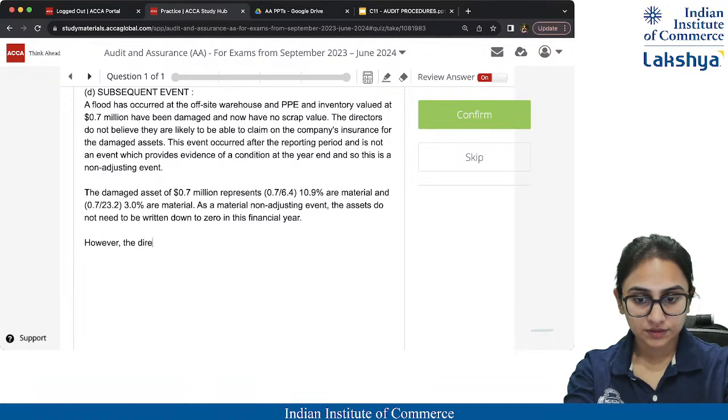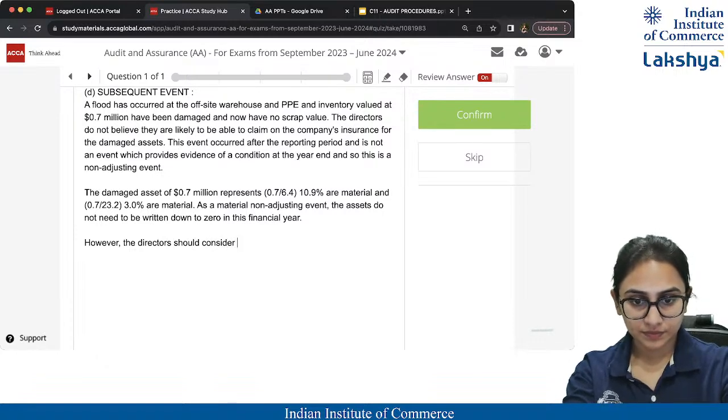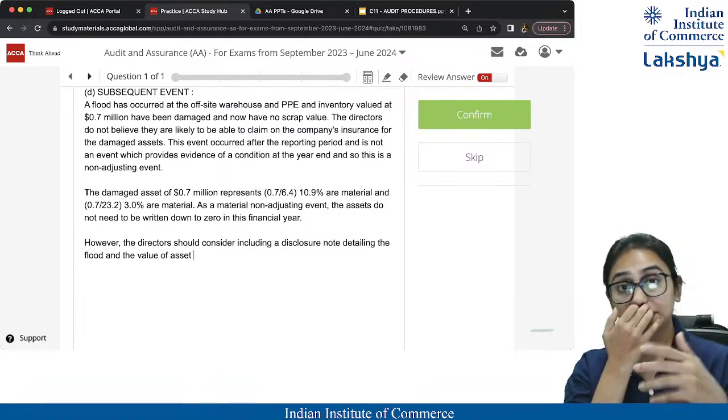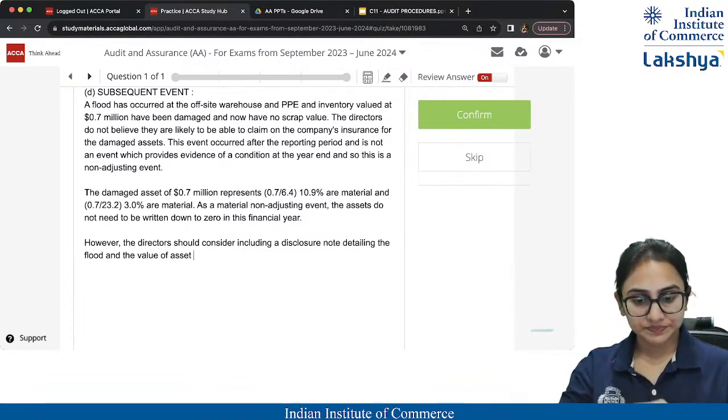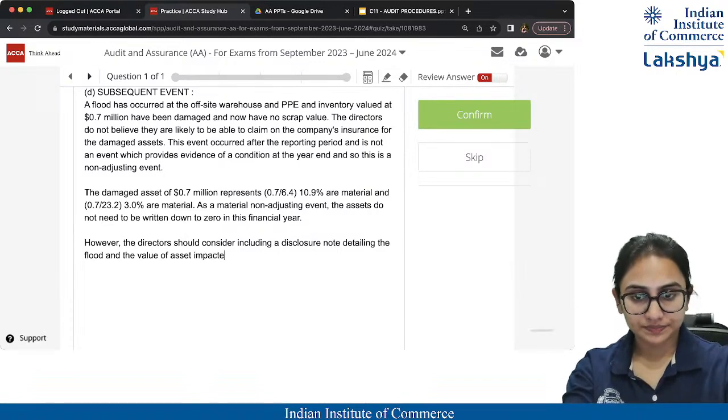The directors should consider including a disclosure note detailing the flood and the value of asset impacted, because it's a non-adjusting but it's material. So when a non-adjusting event becomes material, you have to disclose the same.